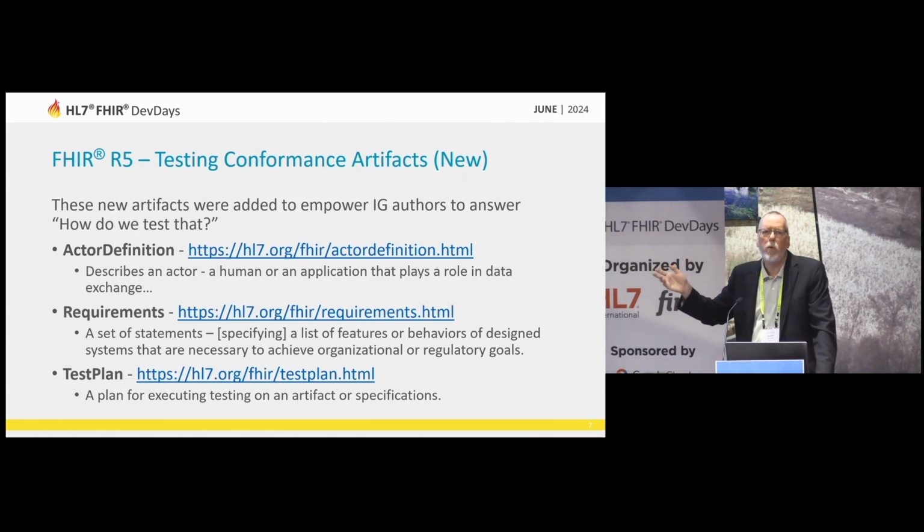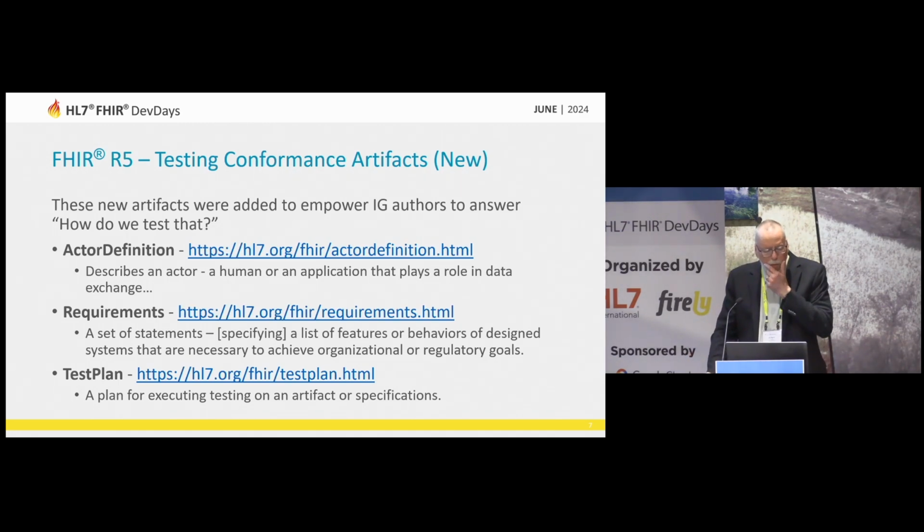So the requirements resource ties into the actor, and you can actually define requirements in a discrete set of statements within the requirement and it doesn't have to be tied directly to one actor, it could be multiple. But it provides a place for us to hang our real requirements. And we can tag them, give them identifiers and so forth, which makes them referenceable. And we can actually start to do some fun things with them.